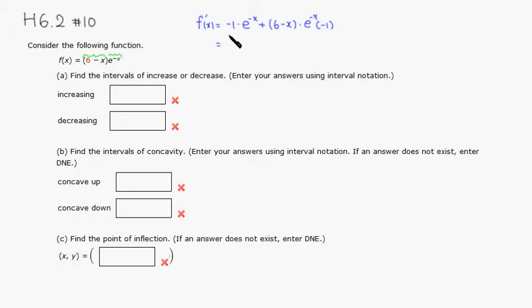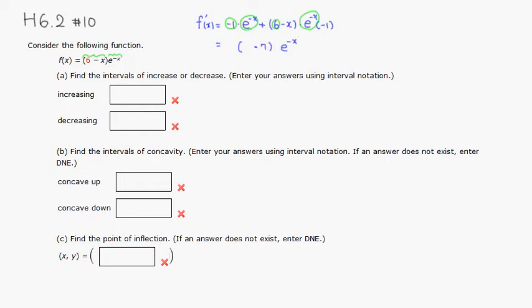You have e to the negative x in common, so I'm going to pull it out. What's left is a -1, and then a -6, so that would be -7.